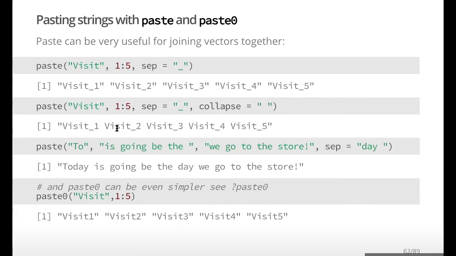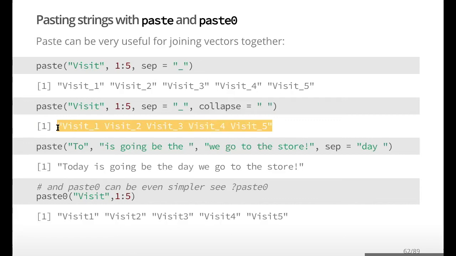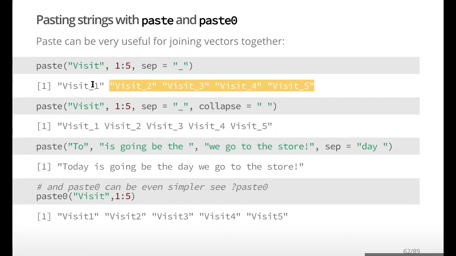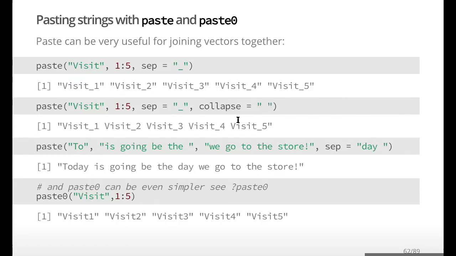This has one big element. That's all this is. So when we say collapse, it says paste these things together and then paste all of that together with another separator, right? So separator says between these two things, I want underscores, but between each element of these, it's like pasting this entire vector together with spaces between them.